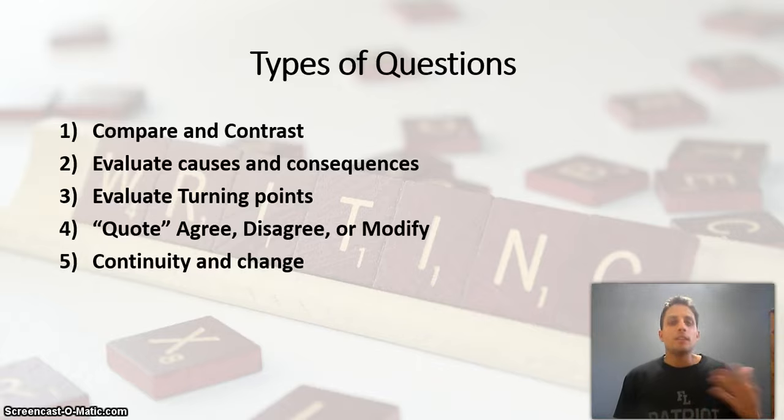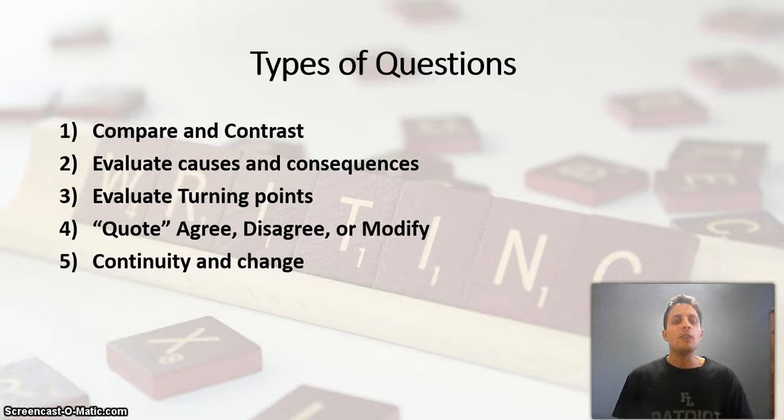There are many turning points in American history that we're going to study, and oftentimes they'll ask you not just to talk about it being a turning point, but to evaluate whether you believe it is a turning point or not, because a lot of things are debatable. I could say the drafting of the Articles of Confederation was a turning point in American history, and you might disagree, so you'll have to defend your position while you write your essay.